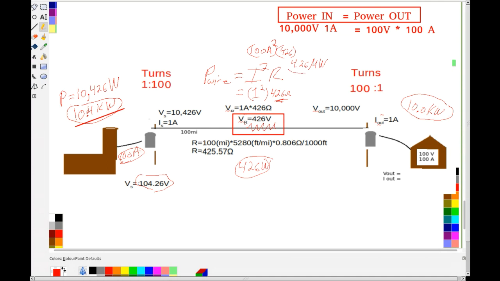Okay, and this is just all loss. This is wasted energy. But if we can step up the voltage, we can then step down the current. And so that's how we can actually transmit this energy.